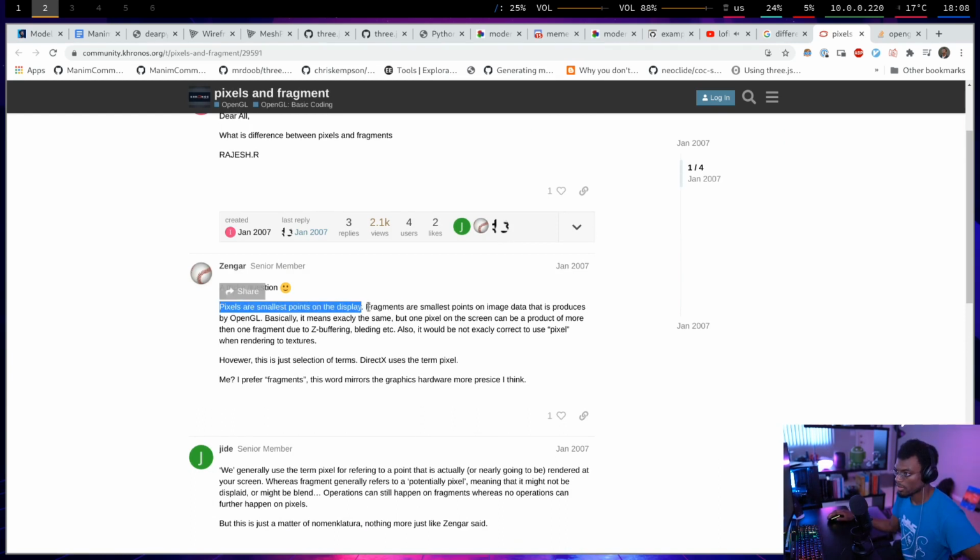Pixels are the smallest points on the display. Fragments are the smallest points of image data that is produced by OpenGL. Basically, it means almost the same, but one pixel on the screen can be the product of more than one fragment, from Z buffering, blending, anti-aliasing, things like this.